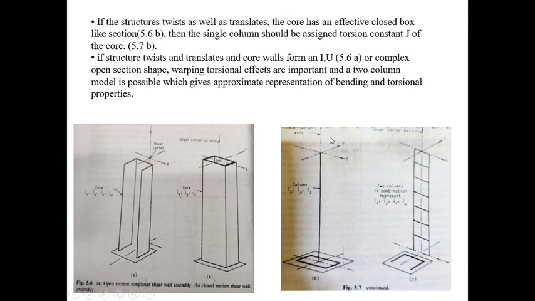This is the approximate representation of bending and torsional properties. So it will give how the bending is done as well as torsion, because it is twisting as well as translating. So for these models you have to see how the representation is done for the actual structure while doing the modeling in the analysis part.